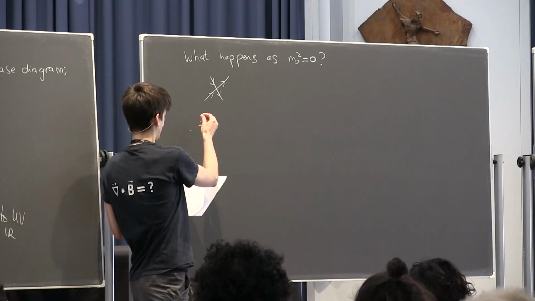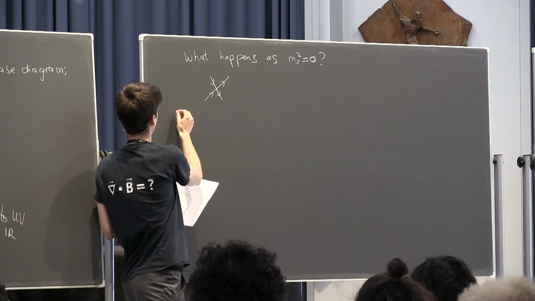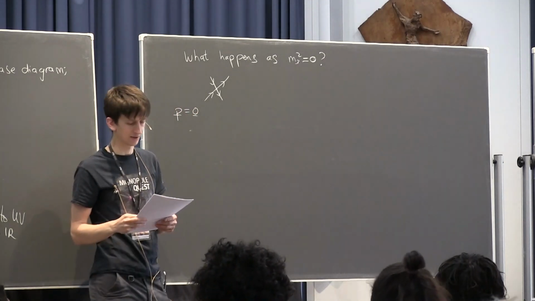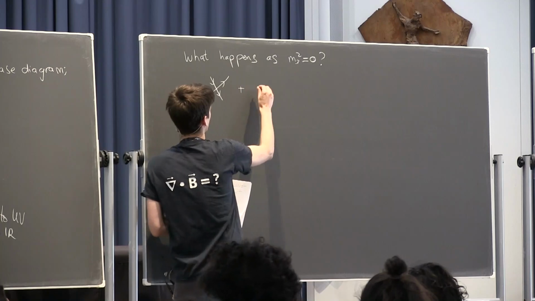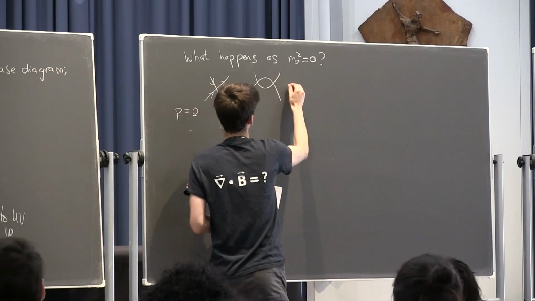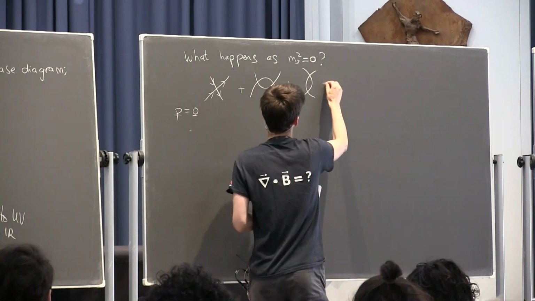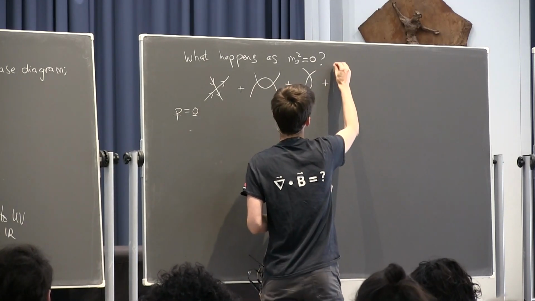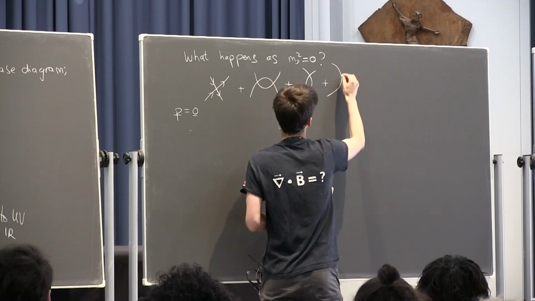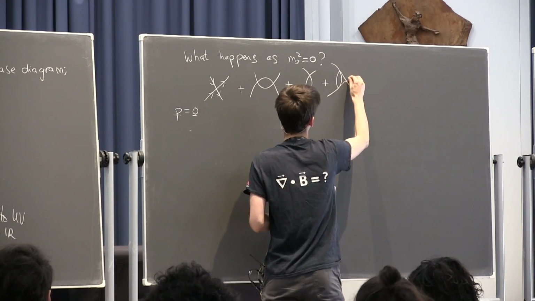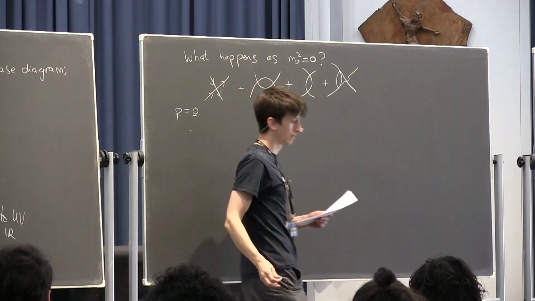And let's choose the external momenta 0 for all the external momenta. And then we have the 3 different possible diagrams, and then the U channel, which is always more difficult to draw, with arrows appropriately.